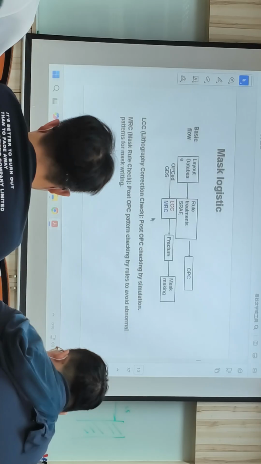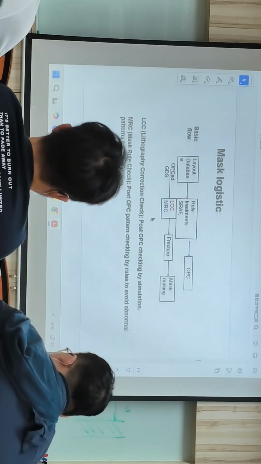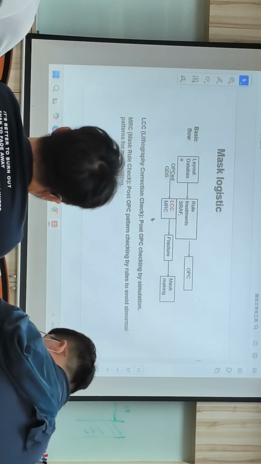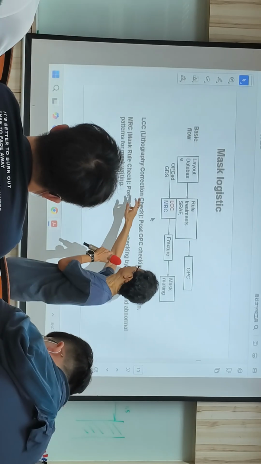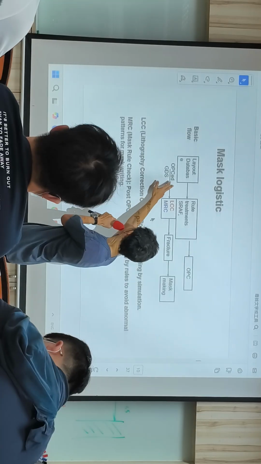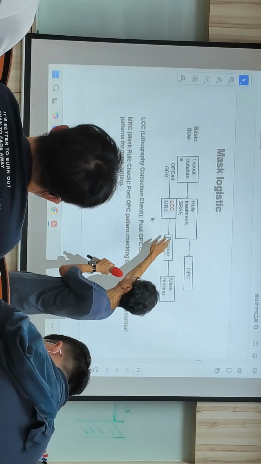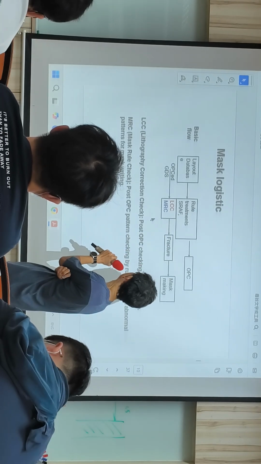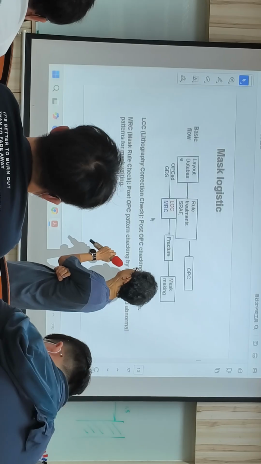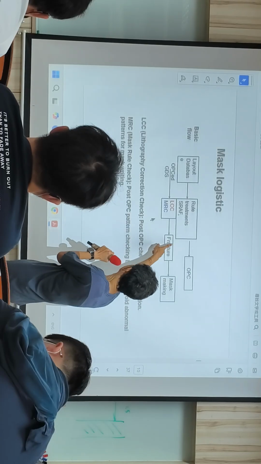And so this is a kind of flow chart for the mask. Okay, so we have the mask layout, and then we do the rule treatment, like rule-based OPC, or adding the thread, or model-based OPC.